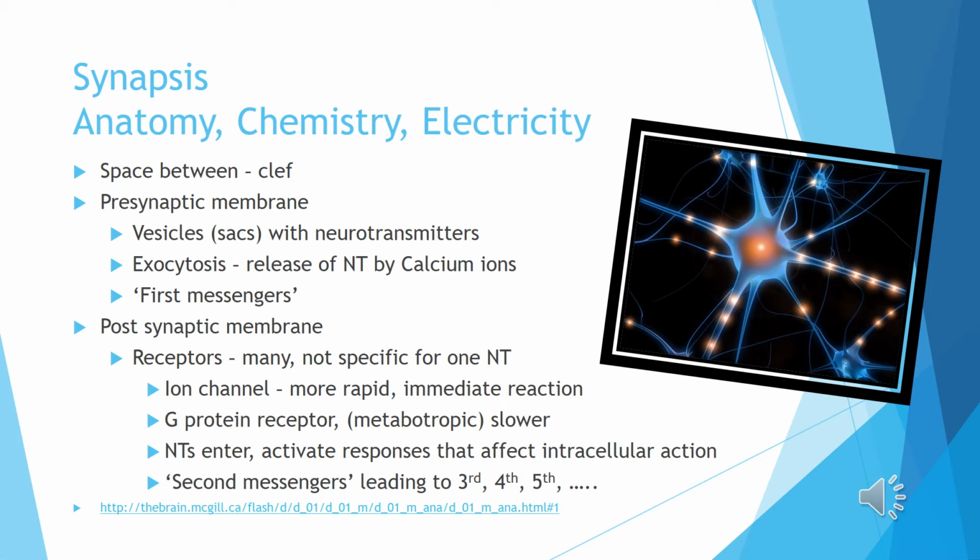So the neurotransmitters enter into these receptors, and the receptors then become activated, and they send out second messengers and third and fourth and fifth messengers, as we'll see in a few minutes. So we're going to be talking about the receptors in greater depth with each mood disorder and major class of medications we study throughout the program.